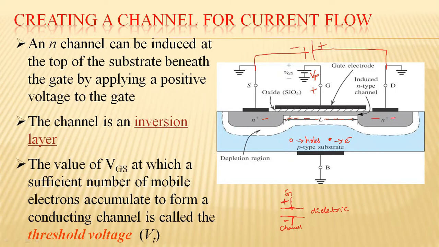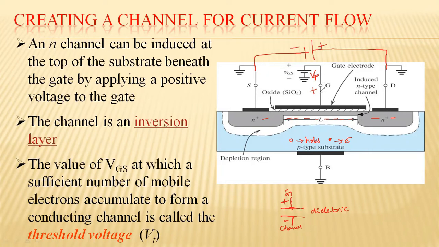And this channel width depends on the gate voltage. As more and more positive charge you apply, more and more negative charge will be accumulated in this region, so that more electrons will flow through this circuit, leading to higher current.